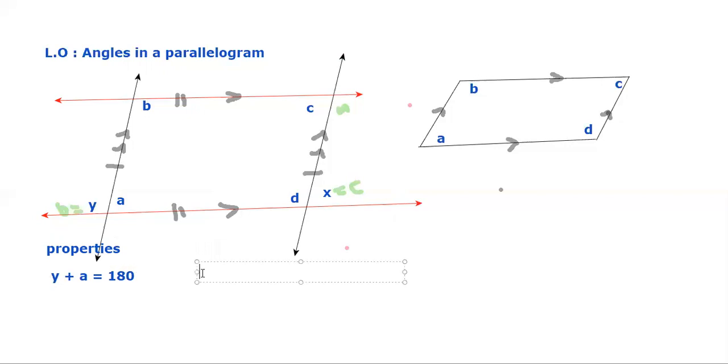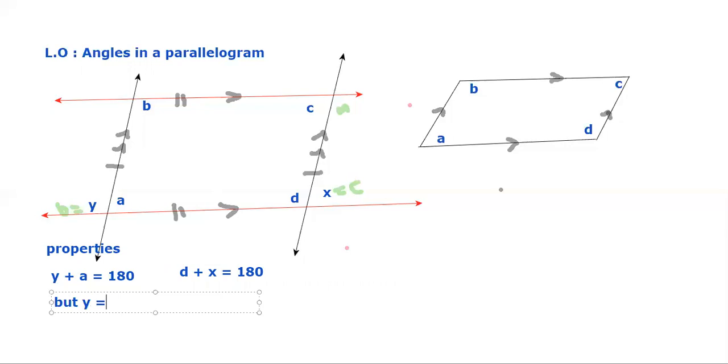I know also that D plus X is equal to 180. If I know that Y plus A is 180, then I can easily see that B plus A is 180, because remember that B is equal to Y.